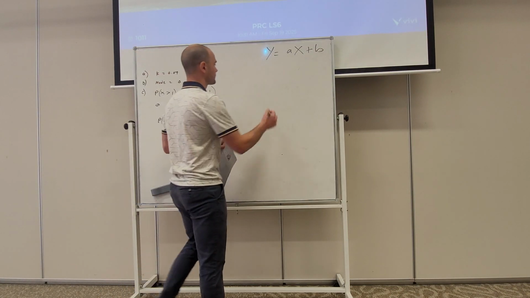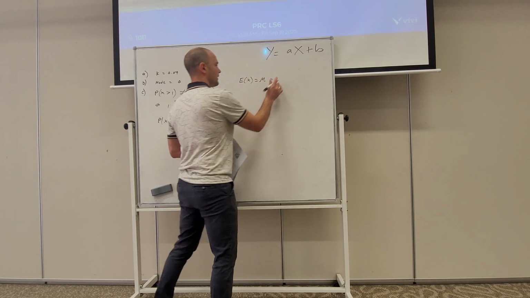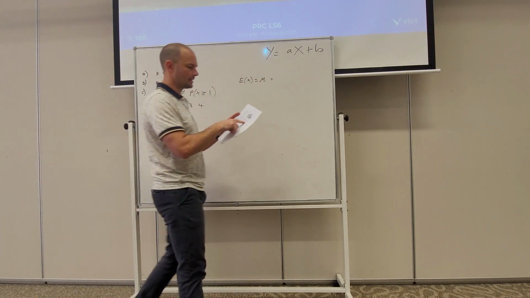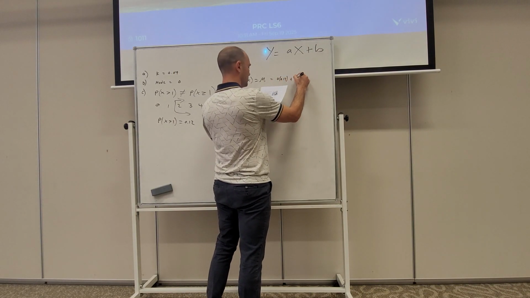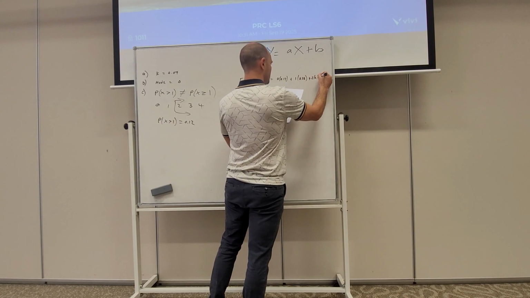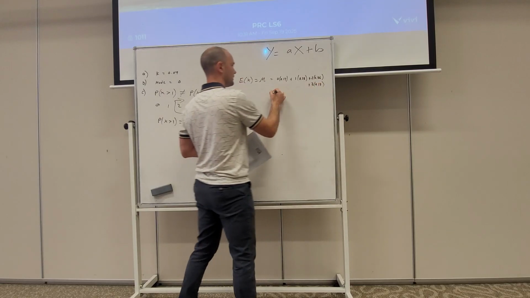So, E of x, the mean of a distribution, they are the same thing, and it's the sum of each event multiplied by its respective probability. So we have 0 times 0.17 plus 1 times 0.28 plus 2 times 0.36 plus 3 times 0.19.